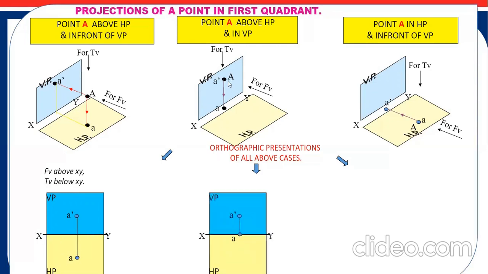Now in the second case, A dash, the front view, is above the XY, but the top view is on the XY line. So if I turn the plane, my A is on the XY line. Front view above XY and top view on XY. Now the third case: front view is on the XY line and top view is below the XY line.